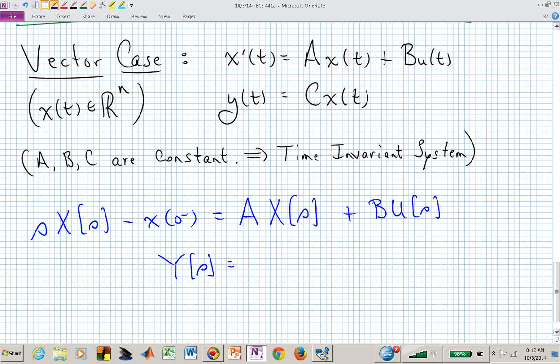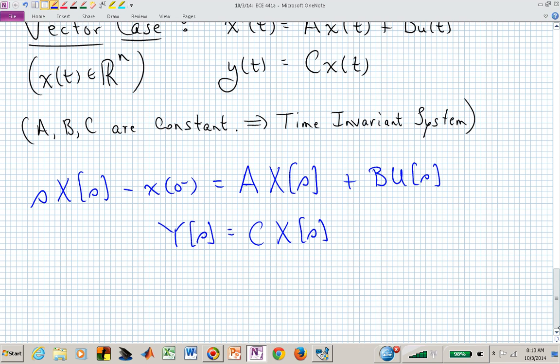Your sensor, for whatever reason, might be built in such a way that it measures position plus 1/2 of some voltage quantity, and that's now y sub 1. That would be an interesting sensor, but that could be the sensor that you have, or it might be a signal that you simply want to keep track of. This is now C times X of s.